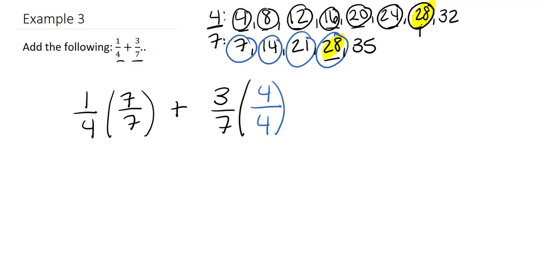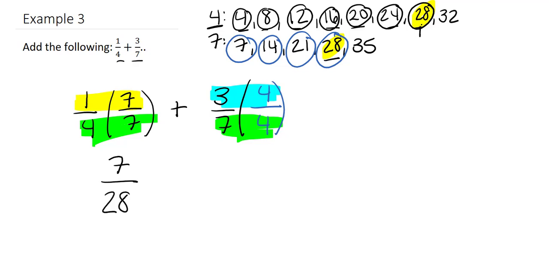So essentially all we're doing is changing the numbers so they have the same value but the same denominator now. So we multiply the top numbers together, and then we multiply the bottom numbers together. So 1 times 7 is 7, and 4 times 7 is 28, because that's the common denominator that we want, plus 3 times 4, which is 12, and 7 times 4, which is 28.